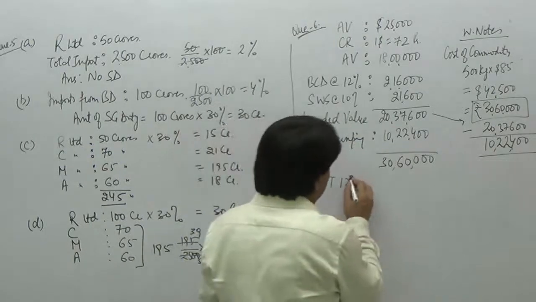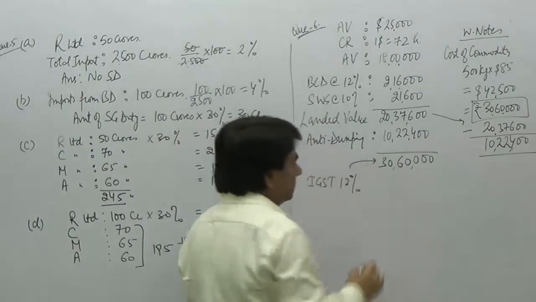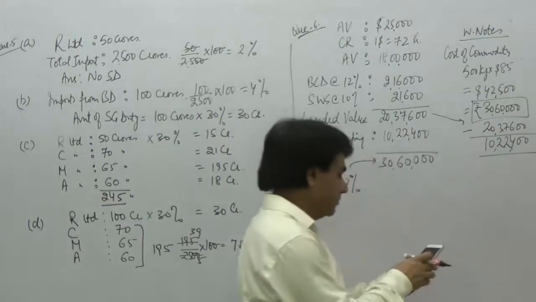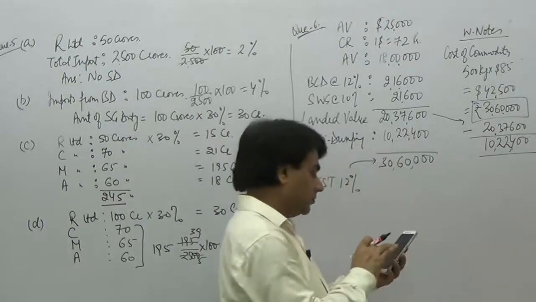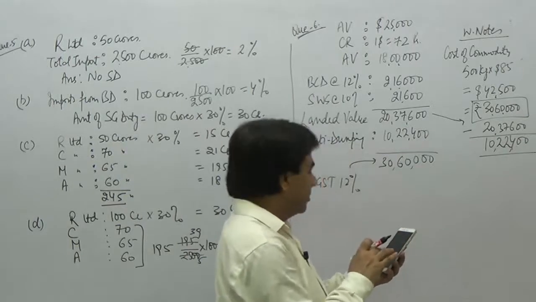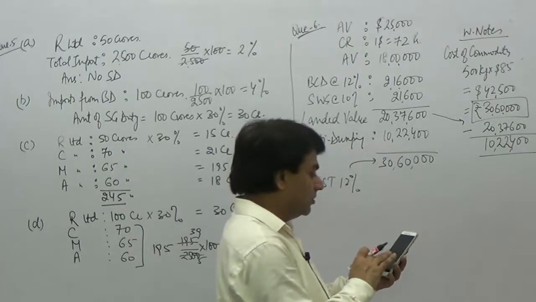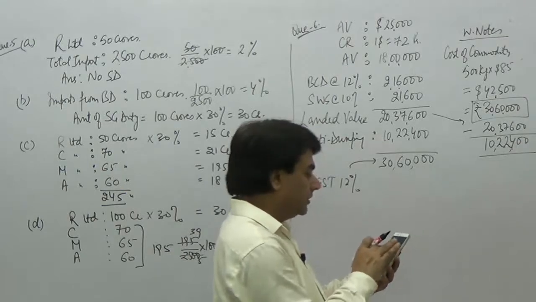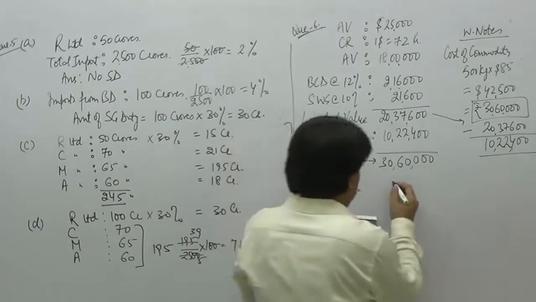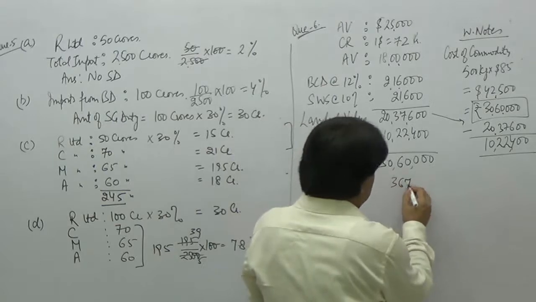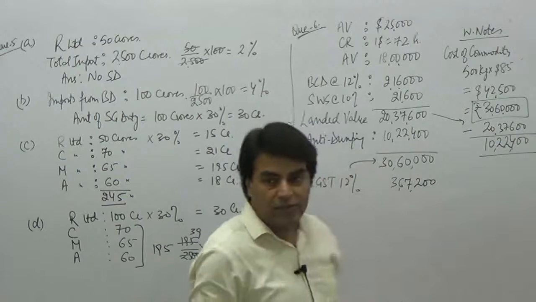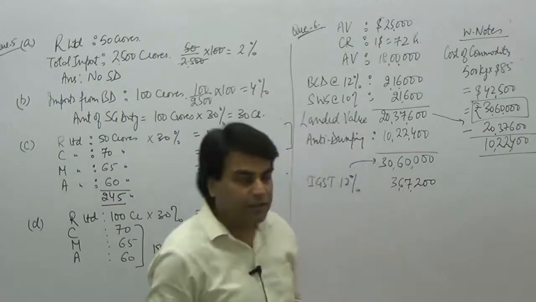So IGST at 12% on this. $30,60,000 multiplied by 12% comes to 3,67,200. So this is the amount of IGST, 3,67,200, right?